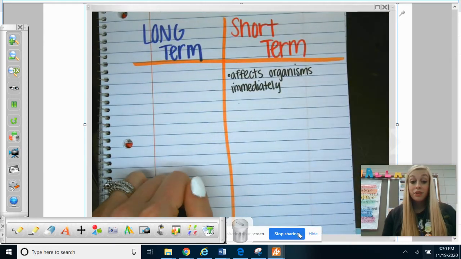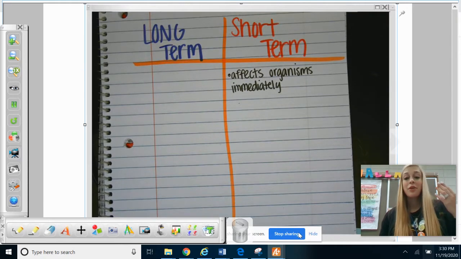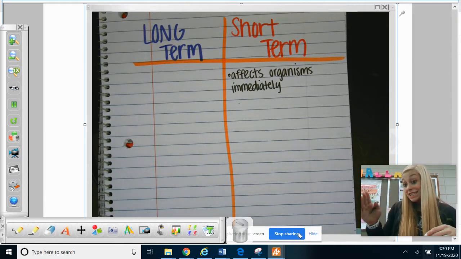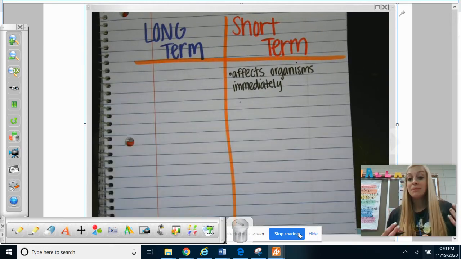And which one would be over subsequent generations? That means future generations, your kids. So that would be long term. A long term change is something that generations will be experiencing, be affected by for a long time to come.